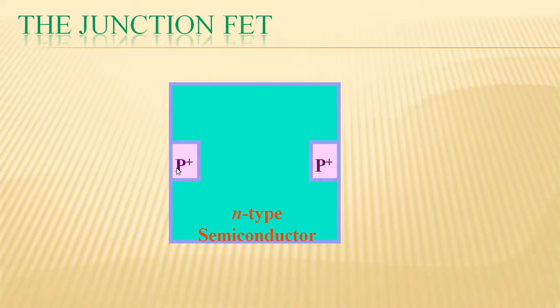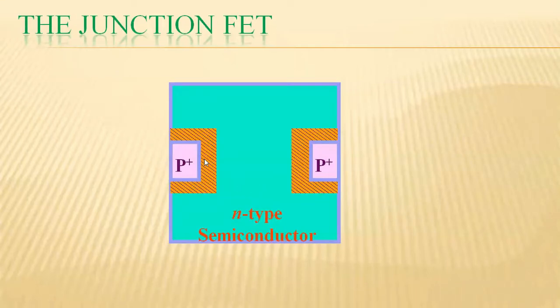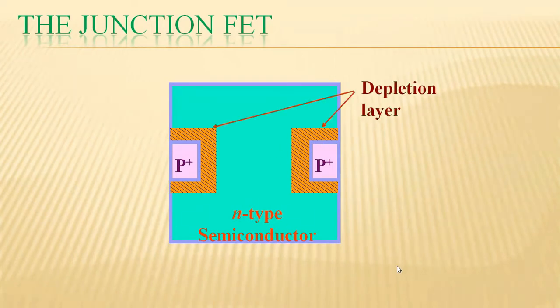And when you have two different materials, P and N regions, definitely there will be a depletion layer between P and N regions. So here we will be getting two depletion layers. Between this P and N region we have one depletion layer, and similarly between this P and this N region, we have one more depletion layer.